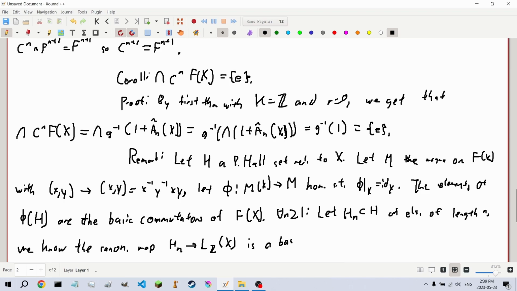I'm guessing the image of this is a basis of the abelian group of the nth grade of the free integer Lie algebra on X.